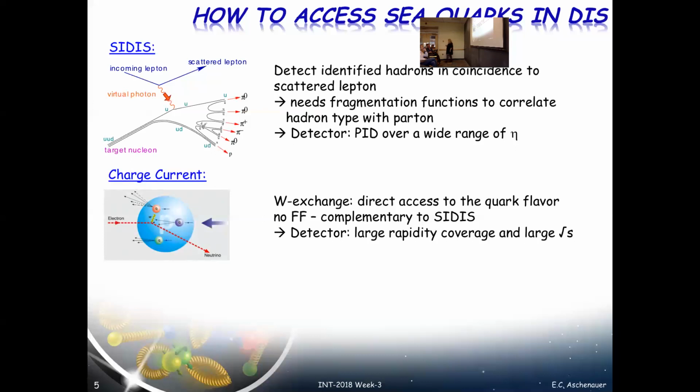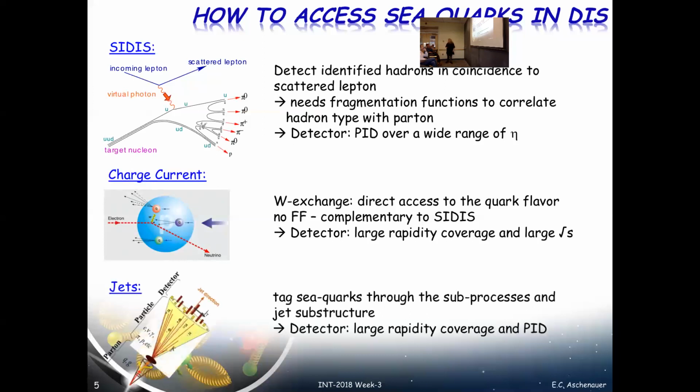I will show this. Without large Q square, charged current is not appropriate at the EIC. You need detector coverage. I will not go into detector coverage because at the end it's an INT, not an experimental institute. But we have done studies on this.